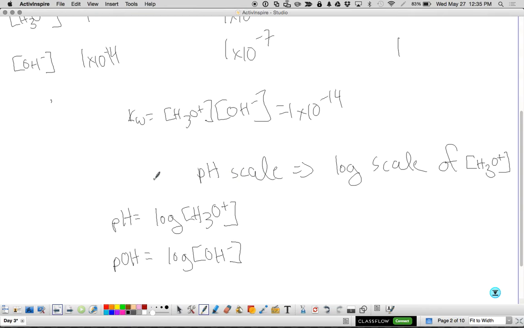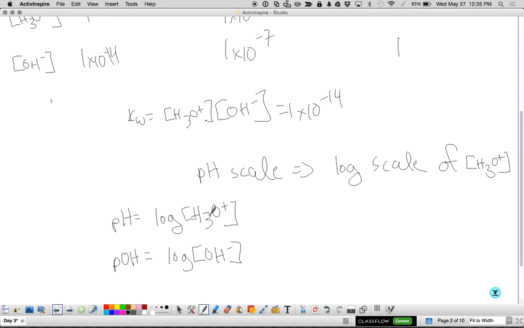Now, I'm going to make one small change here. All right? For a neutral solution, I know the concentration of H3O plus is 1.0 times 10 to the minus 7. Well, I already know that the log of 1.0 times 10 to the minus 7 is negative 7.